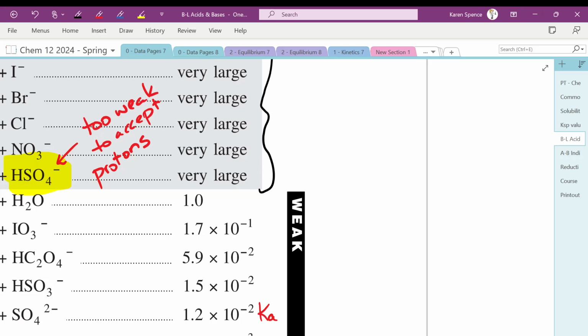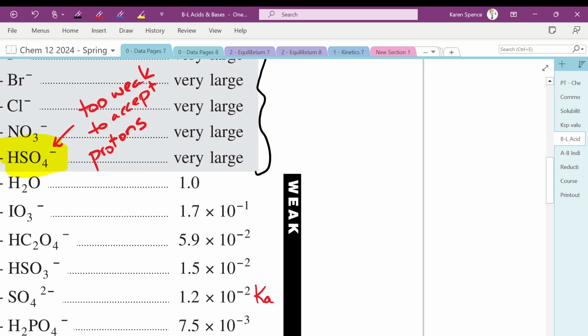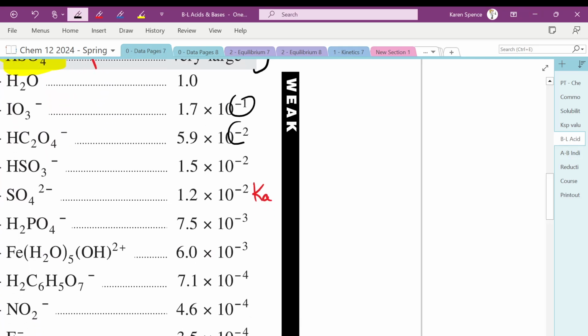So the conjugate acid of water has a Ka value of 1. But everything else has a Ka value of less than 1. They're all small, right?